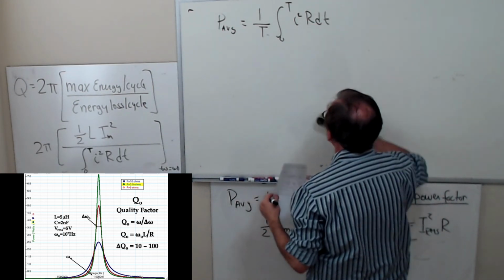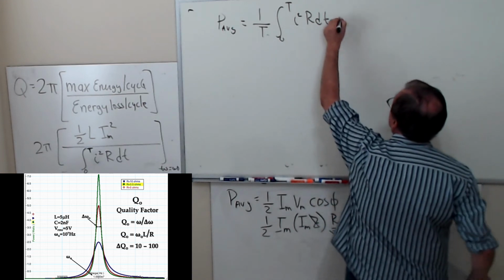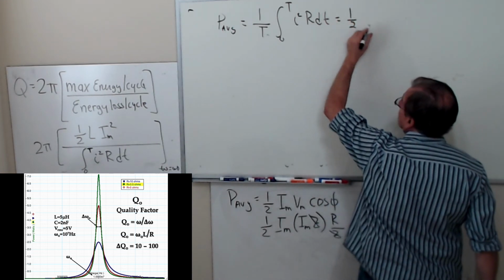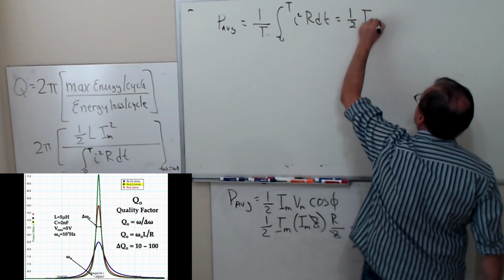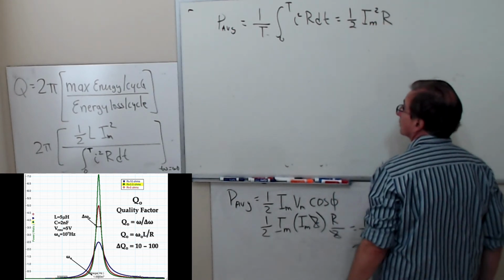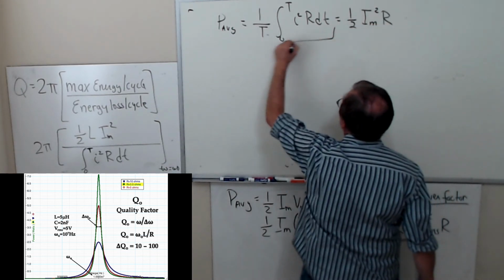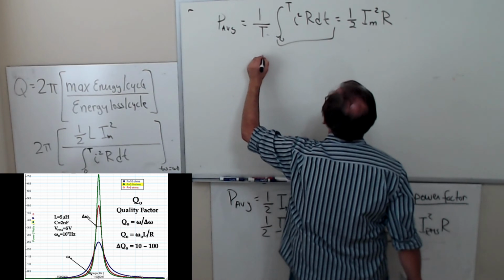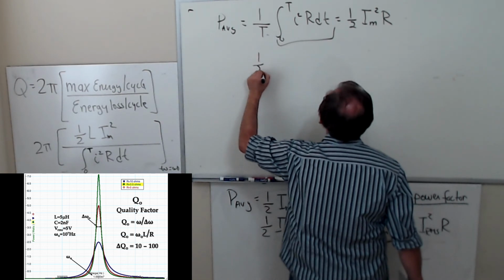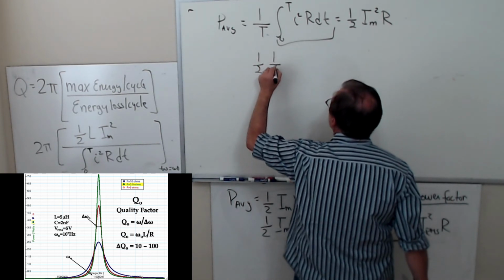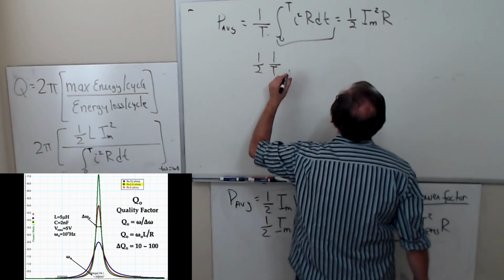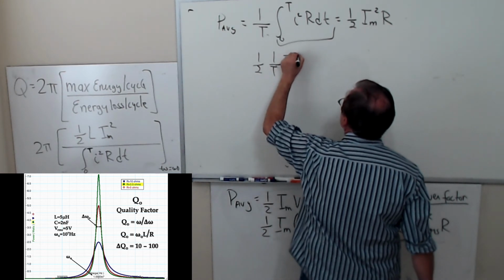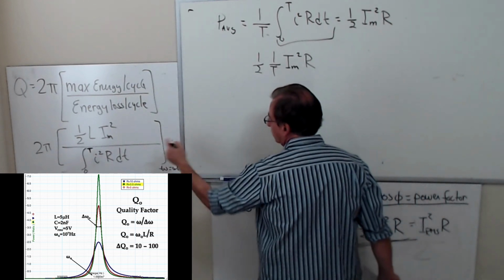Well, we know what P average is. So then this integral is just going to be 1/2 times 1 over T times I sub m squared times R. So I'll put that in the denominator.